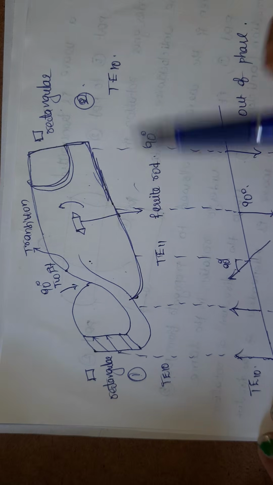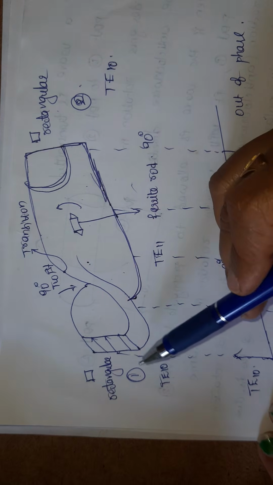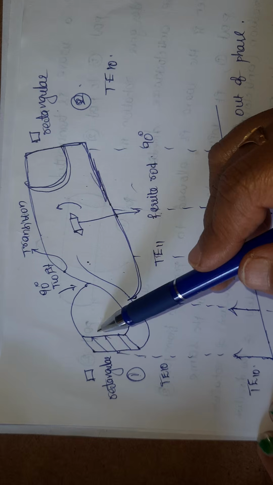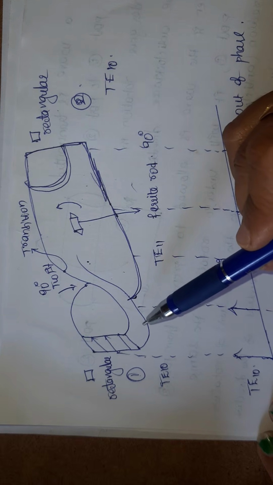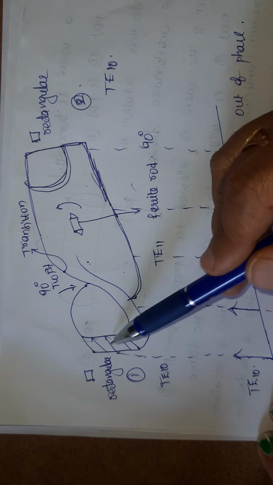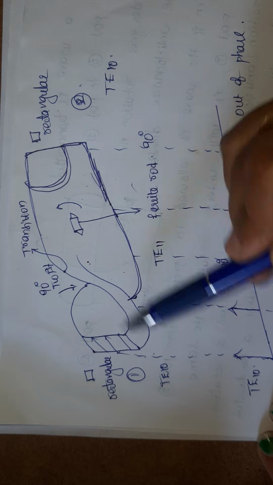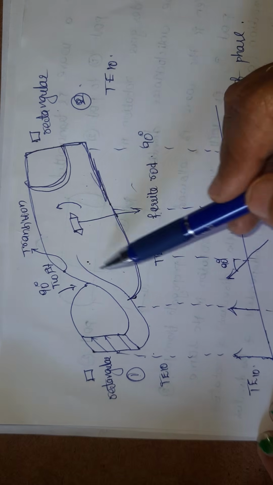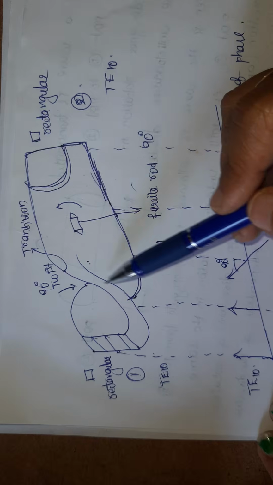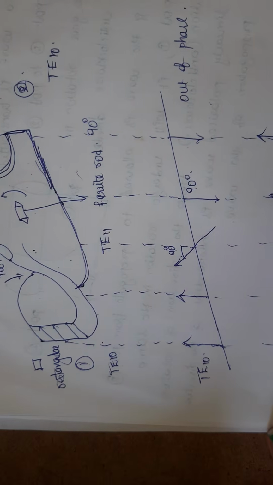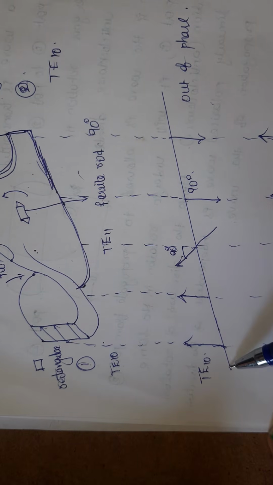See here, first this is port 1. When a wave enters port 1, its plane of polarization rotates by 90 degrees because of this twist. If we observe this diagram, this is the TE10 mode, the rectangular dominant mode.